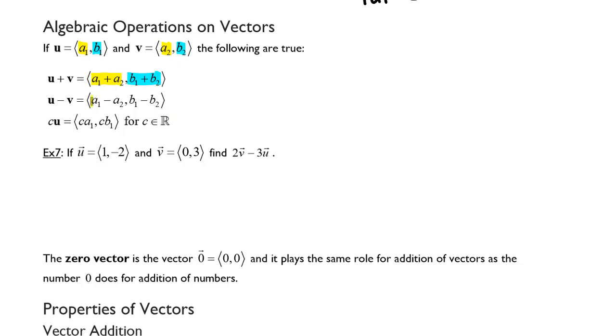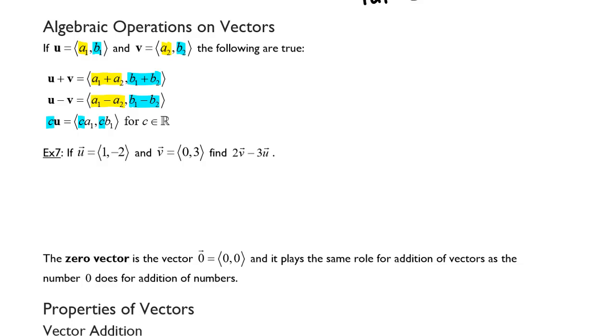If we want to subtract vector v from vector u, vector v's components subtract from vector u's components in a similar way. And if we want to scale the vector u by some constant, it will scale the x component and the y component equally. So you can distribute that scalar.